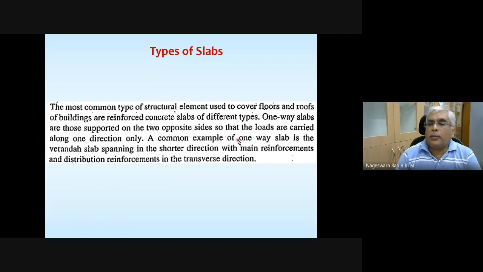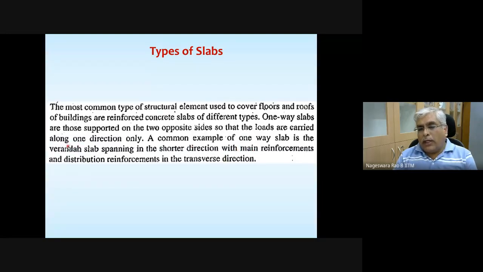A common example of a one-way slab is the veranda slab, spanning in the shorter direction with main reinforcement and distribution reinforcement. Main reinforcement is in the shorter direction, and distribution reinforcement is in the transverse, longer direction.